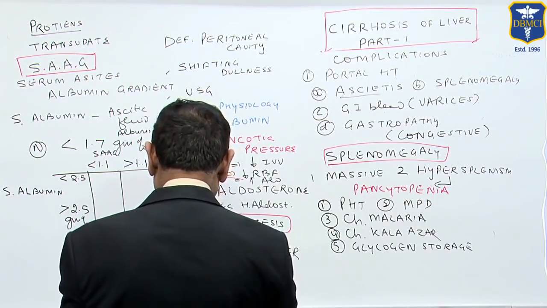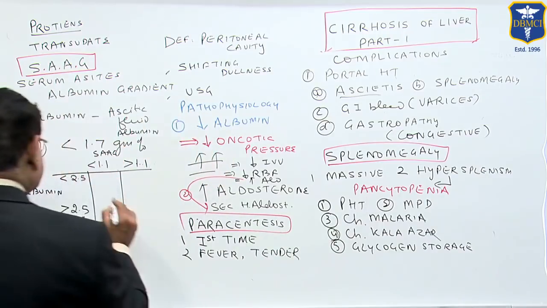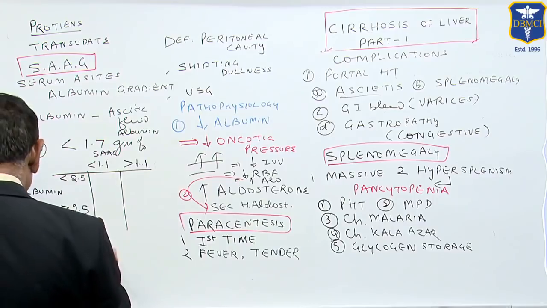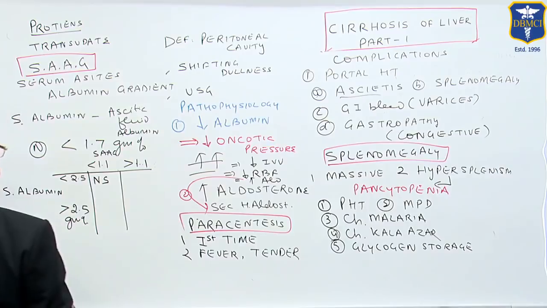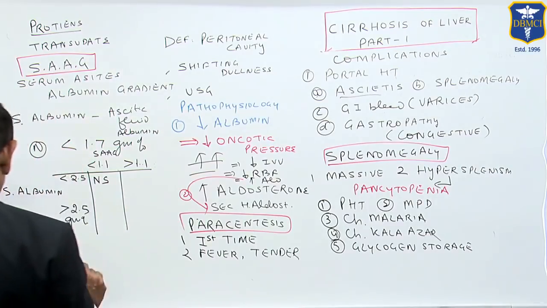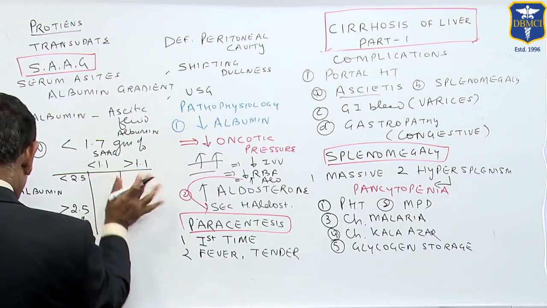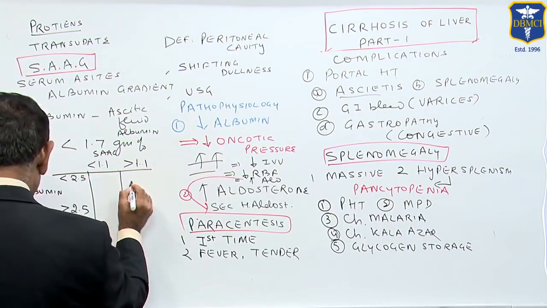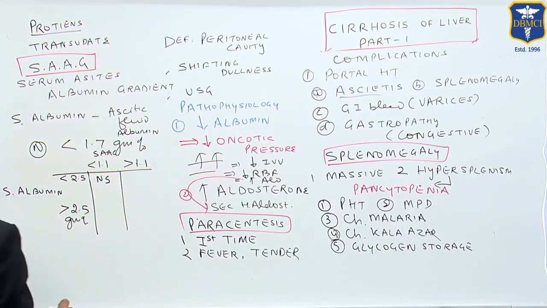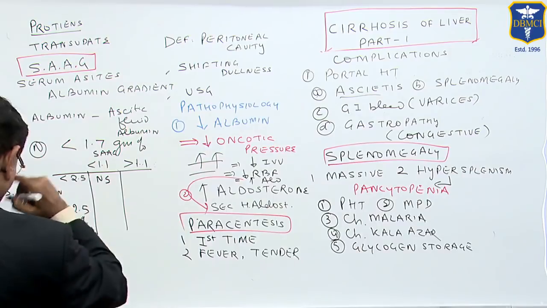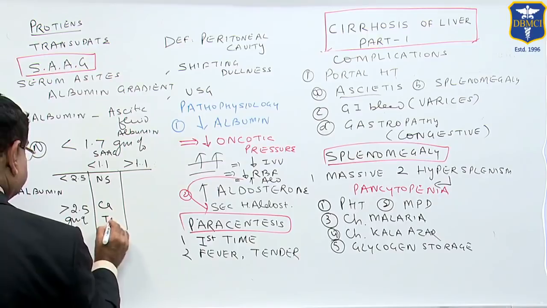Okay. If it is less than 1.1 gram, it is nephrotic syndrome, and the other things we have are cancers and tuberculosis.